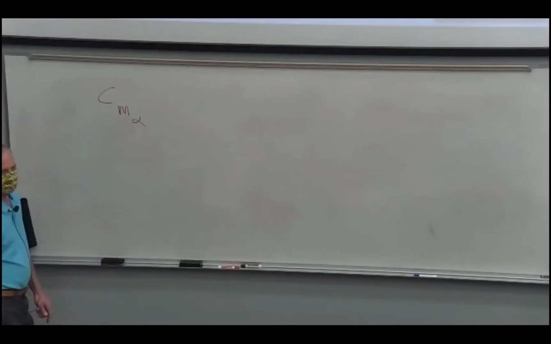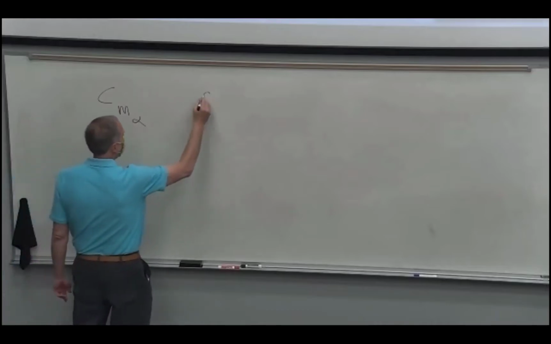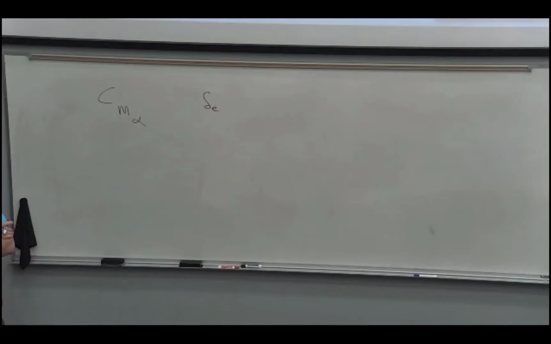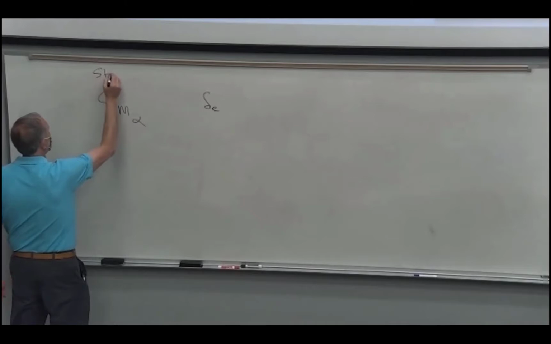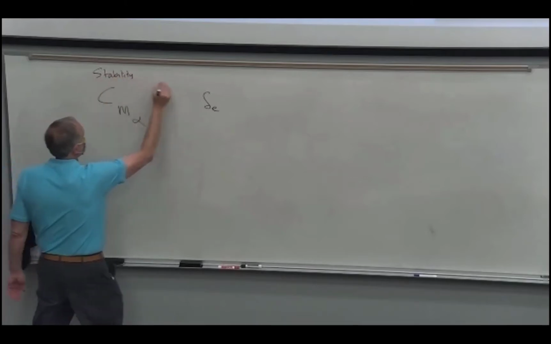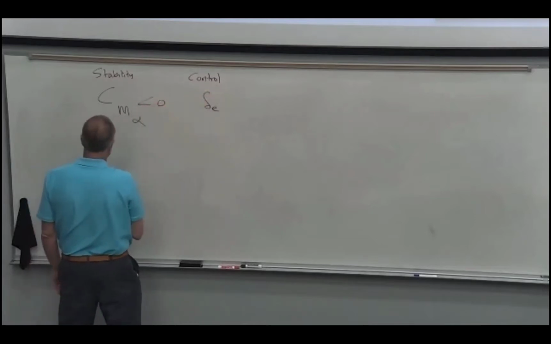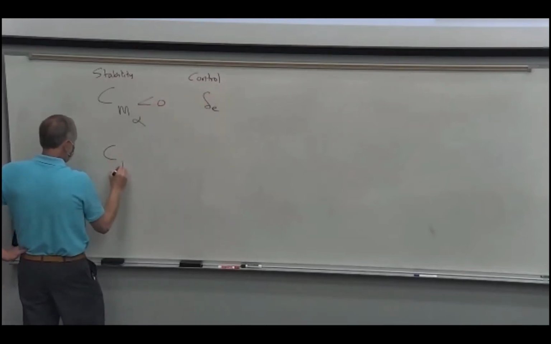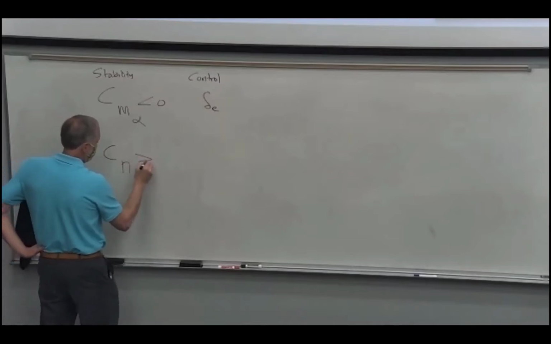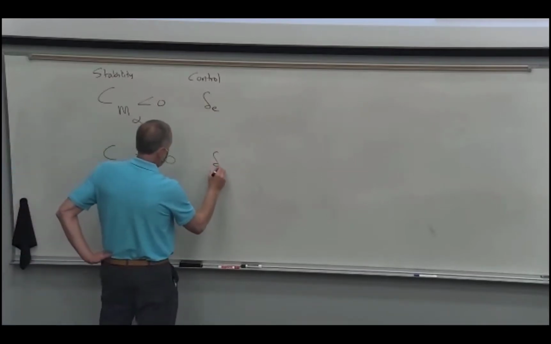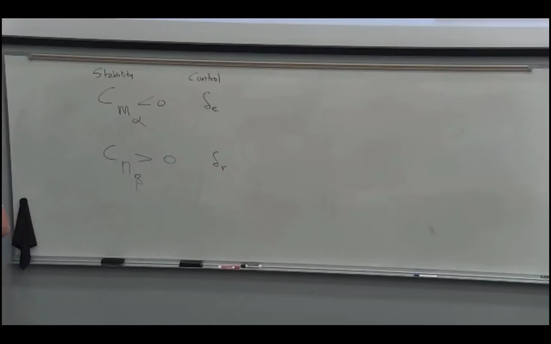CM alpha gives pitch stability, and the elevator gives pitch trim, or pitch control. So this is the stability, this is the control. What we've just talked through now is CN beta gives us yaw stability, and the rudder gives us yaw control.